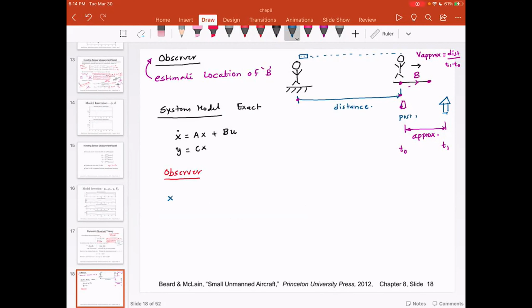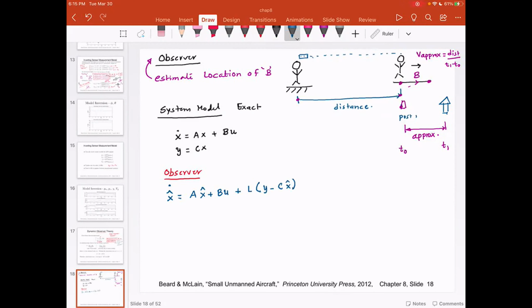So I will estimate this like x hat dot is equal to A x hat plus Bu plus, now I'm going to add a matrix L, times y minus C x hat.